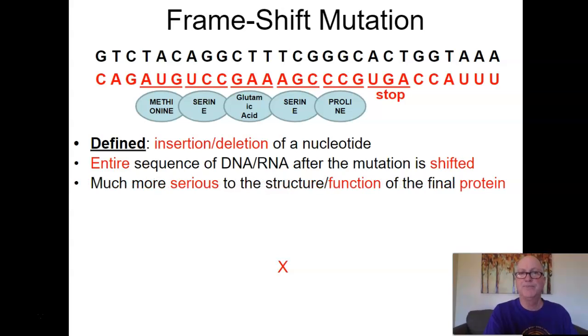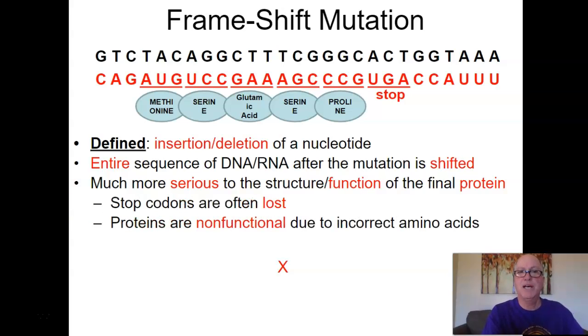We'll talk about that. It's much more serious to the structure and function of the final protein. And stop codons can be lost. A protein is usually non-functional because of all the incorrect amino acids put in. So let's look at a couple, then we'll look at our note sheet.